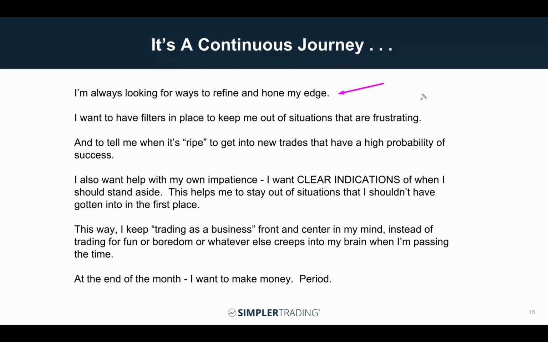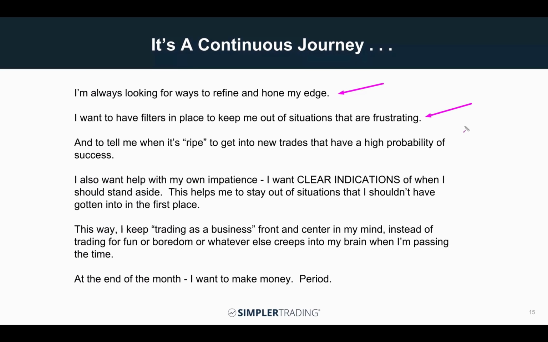And so there's always that danger of too many tools and too many things, but I always look for something and say, all right, here's a potential tool. Is it going to give me an edge in an area where my trading plan is weak, and does that weakness exist? Okay, great. So I want to have filters in place that keep me out of situations that are frustrating. This would be great for trading, and it would be great in life if we had a filter that said, do not enter this situation because it's going to be extremely frustrating, right?